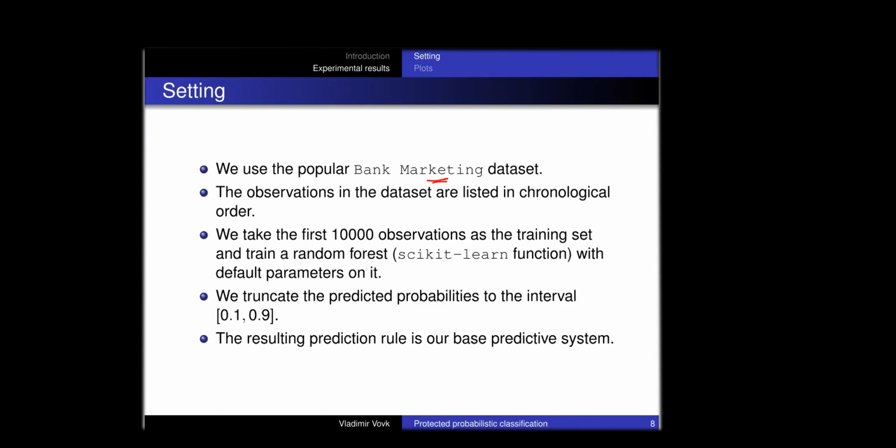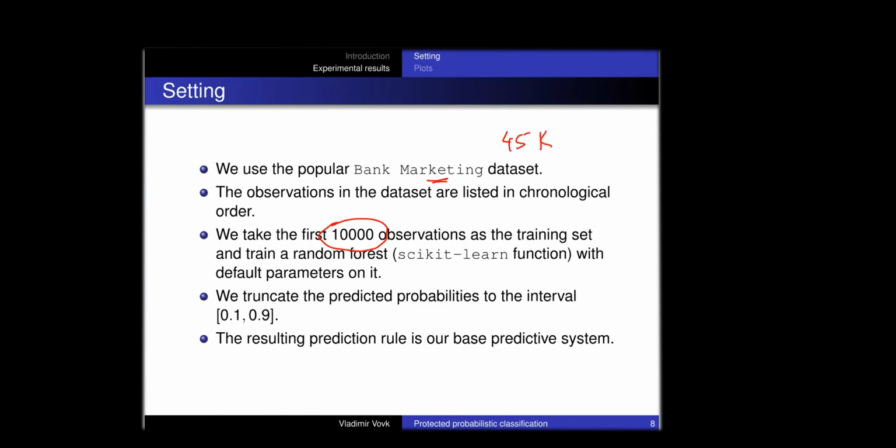We want to model this standard industrial process where we have some data and the distribution changes. So here the order is chronological, and we are using it. We take the first 10,000 observations in chronological order. The overall number of observations is about 45,000.